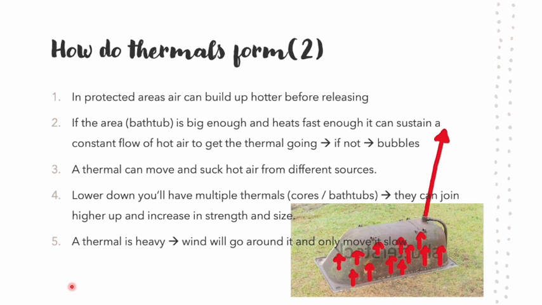And then a point to make, which will become obvious why it's important: a thermal is heavy. With air going up, that mass of it moving up, the prevailing wind will go around it, will not blow through it, it will actually go around that column of air, and only move it very, very slowly.